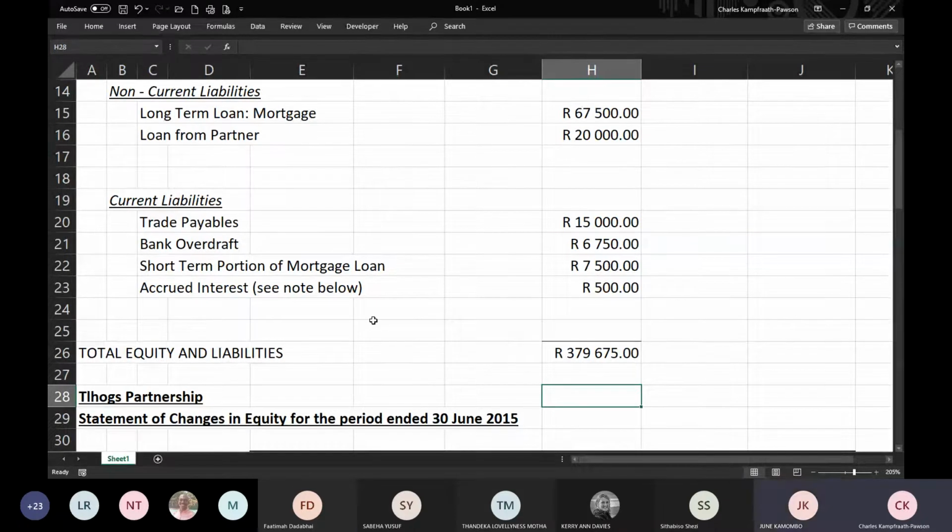But in most questions, they will tell you the partners share profits and losses equally, or 3/5 and 2/5. They will tell you, but if they don't, the capital structure is the next best indication of how profits and losses should be split.